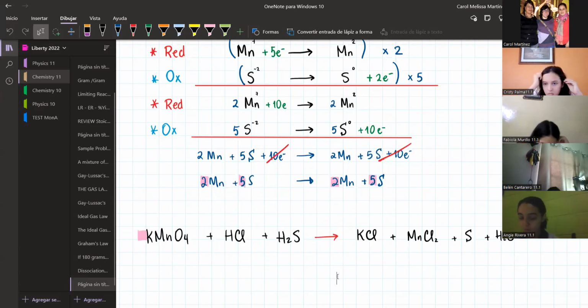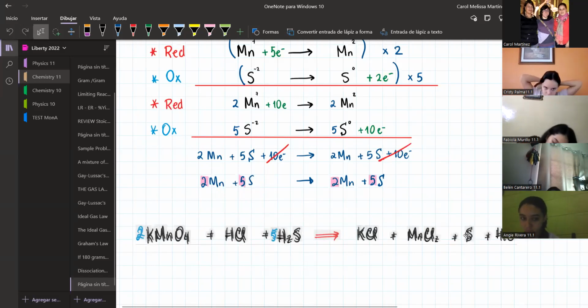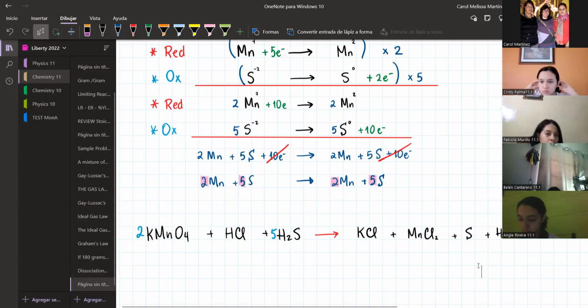Here I have manganese, so I'm going to put the 2 as a coefficient. In the part where I have sulfur, I will put the 5. Then on the other side where I have manganese, it's going to be 2, and where I have sulfur, it's going to be 5.